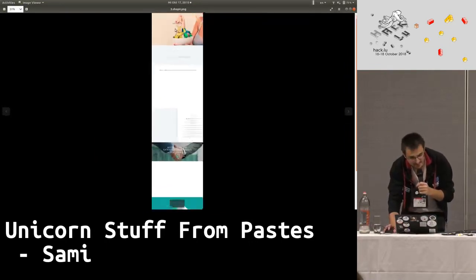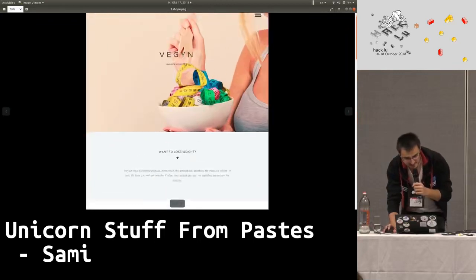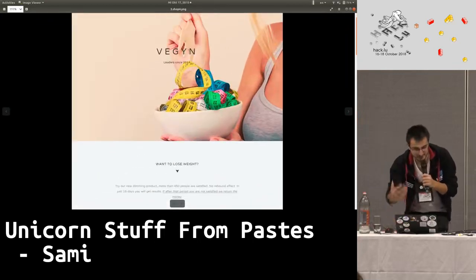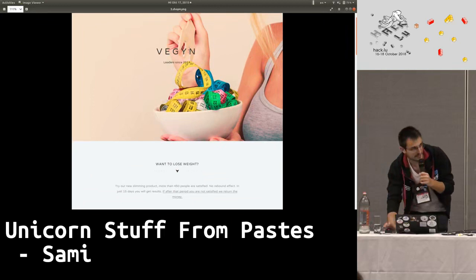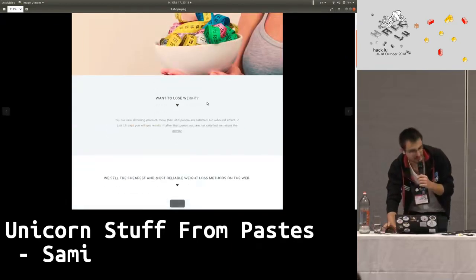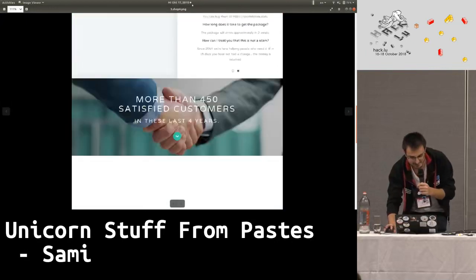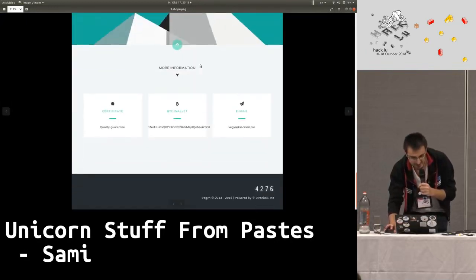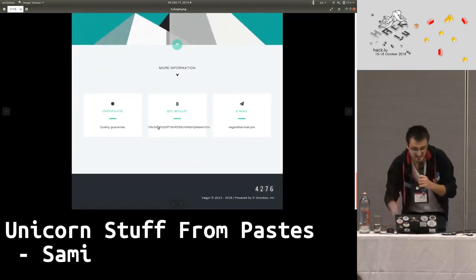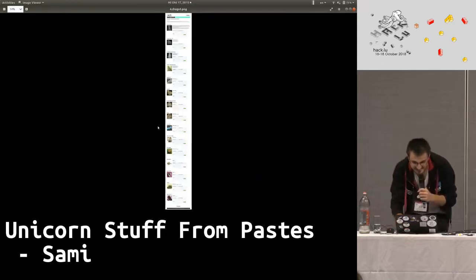This is really interesting. This is a website which provides a coach to lose weight. It's only available in hidden services, so it's not public on the index web, and they only accept Bitcoin and not real money. I don't know who would use that.